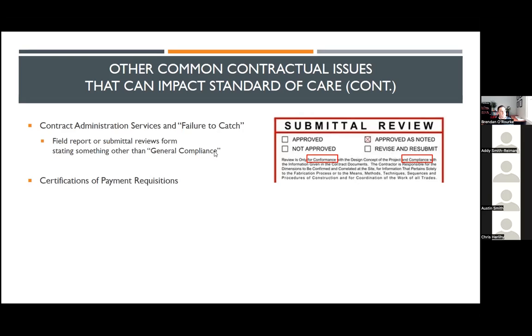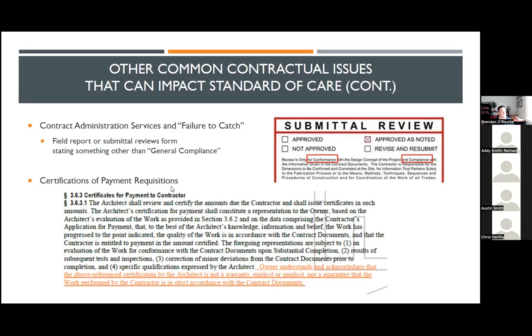So just be cautious of the forms that you're using that might be guaranteeing a certain result, or giving the impression that a certain result is being guaranteed. I would modify this submittal review stamp to say general conformance and general compliance, so that it's actually consistent with the contract. And that goes for language on a field report as well.